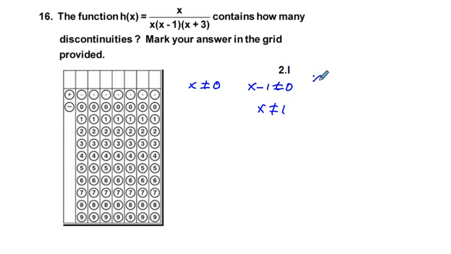And then similarly, x plus 3 cannot equal 0, so x cannot equal -3. So if you understand that, you just put in 3 and bubble that in, and you're done.